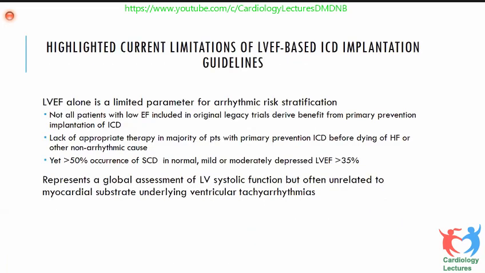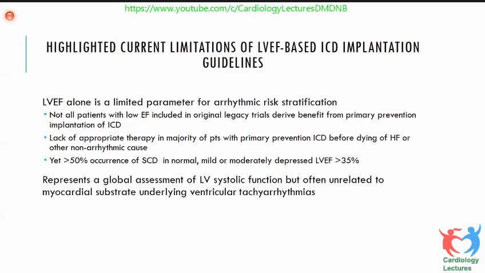So the question is whether we can just use left ejection fraction alone as the parameter for arrhythmia risk stratification. We know that not all patients with low ejection fractions, including the original legacy, derive benefit from primary prevention. There is a lack of appropriate therapy in the majority of patients with primary prevention ICD before dying of heart failure or other non-arrhythmic causes.